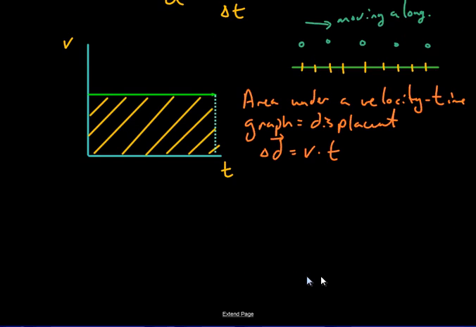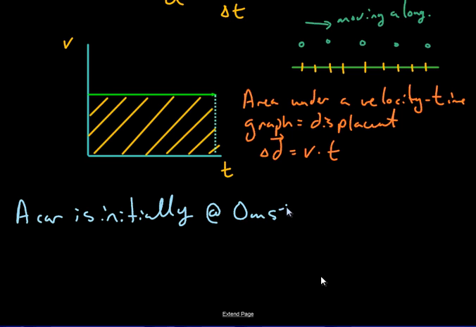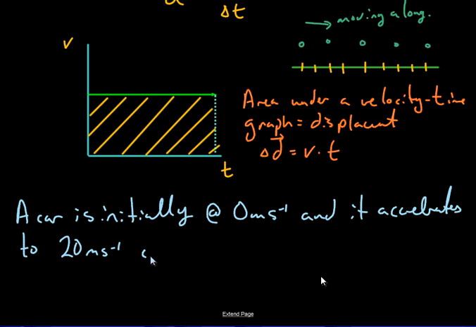But what happens if this is going on? What if you get asked this question? The car is initially at 0 meters per second, and it accelerates to 20 meters per second over a 5-second interval.